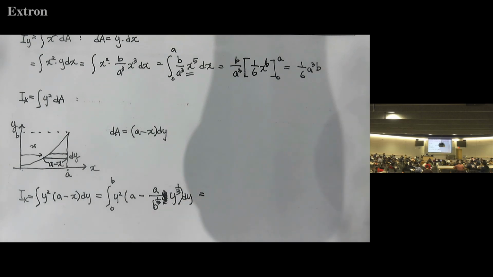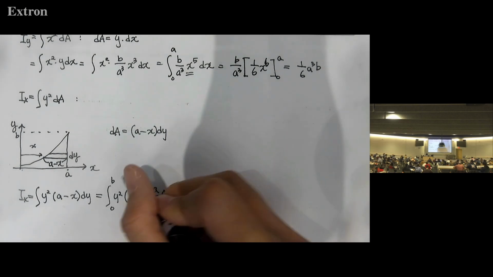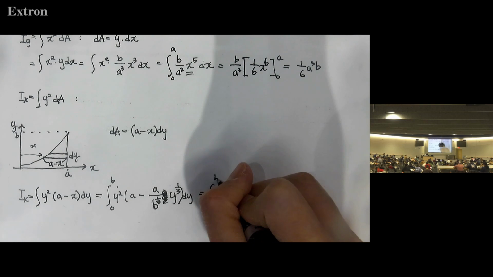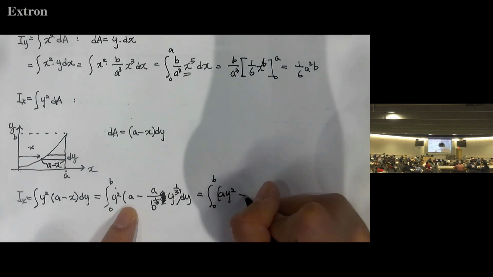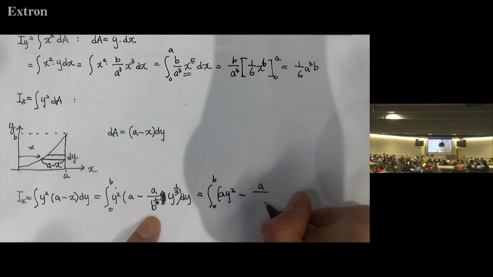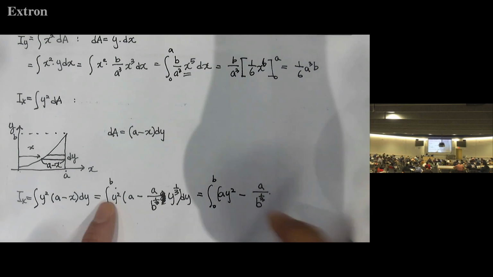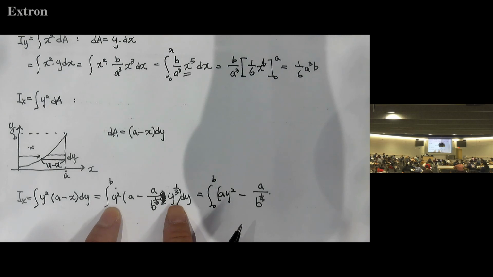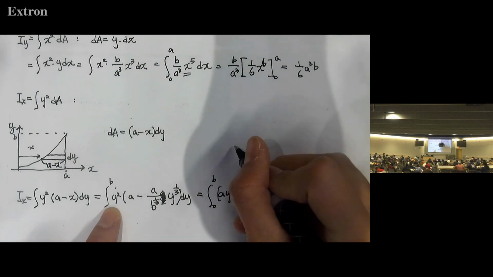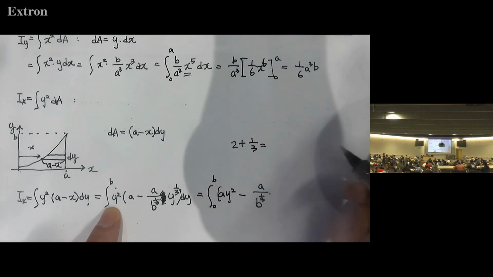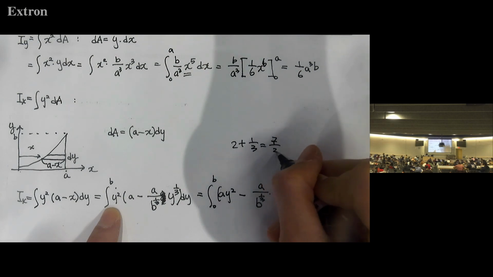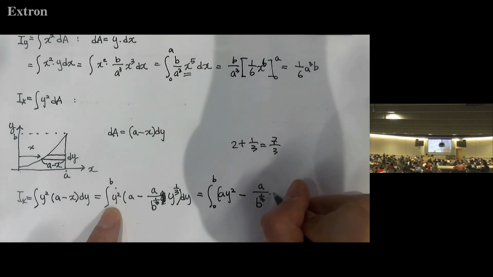Then the first term is a times y squared, and the second term is a over b to the 1/3, times y squared, and then y to the 1/3. 2 plus 1/3, so 7 over 3, right? So y to the 7 over 3 dy.